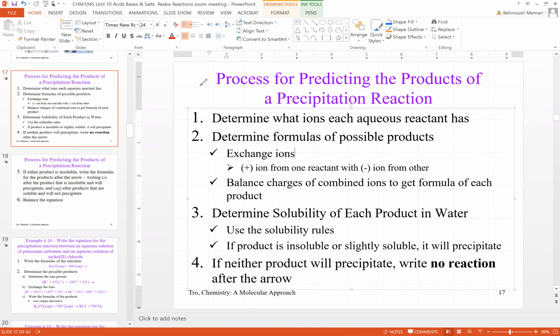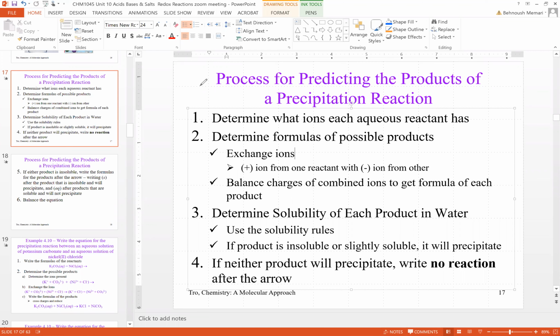When you exchange the cations or anions, you write the proper formula considering the charges of each ion, and then check the solubility table to see if you have an insoluble compound or not. If there's an insoluble compound, you write S, and if it's soluble, you indicate with AQ. If there is no precipitate, if all the products are soluble, there would be no reaction.